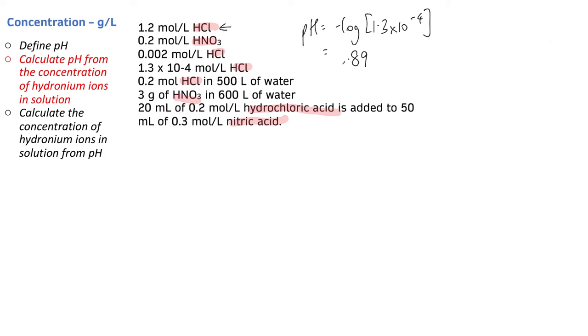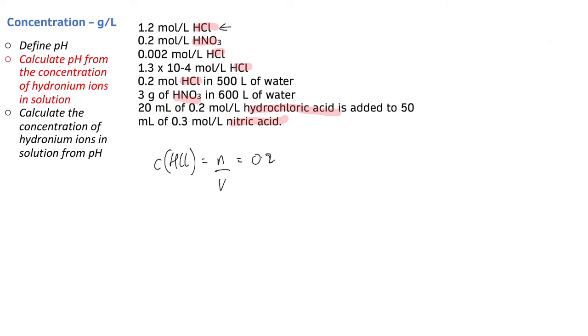If you want to have a go, pause the video and try the other ones next, because they're going to have a little bit more calculation. Let's have a look at the next one. 0.2 moles of HCl in 5 liters of water, so we can work out the concentration of HCl is equal to n on V, which is 0.2 over 0.5, which happens to be 0.4 mole per liter.